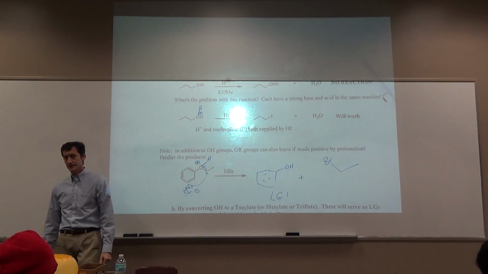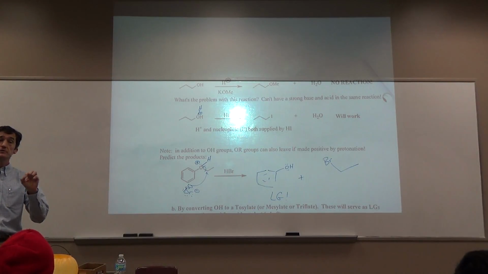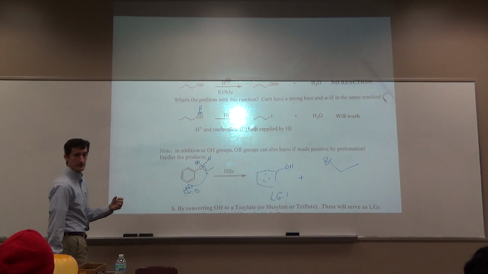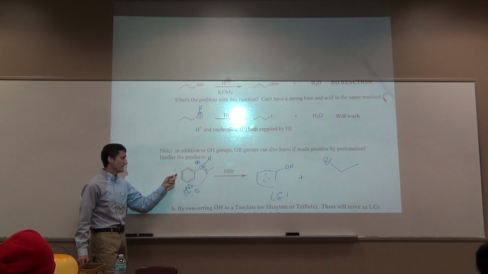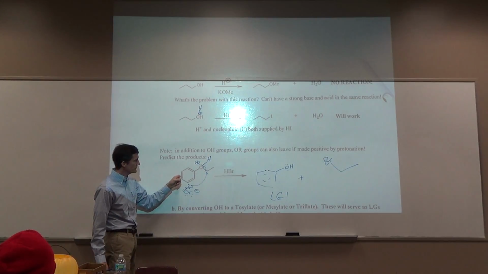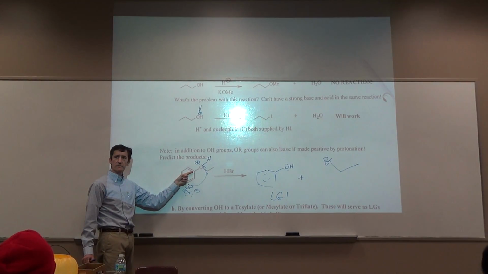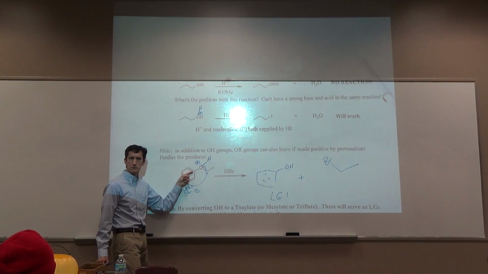Usually you only call things primary, secondary, tertiary when they're aliphatic or saturated, when they're sp3, so I wouldn't call that anything. But it's not tertiary because it's not attached to three carbons. But think about it. For those who said tertiary, by what mechanism would you attack here?